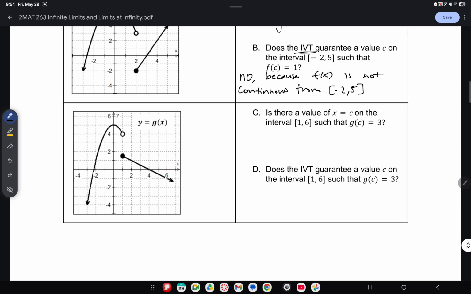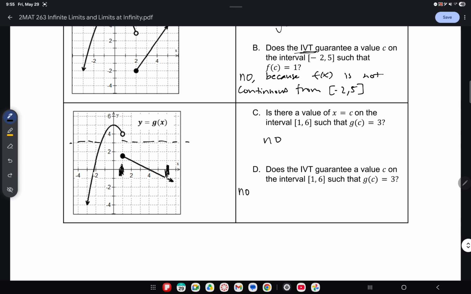All right, is there a value from 1 to 6 where g of c is 3? And no, there is not. And does the intermediate value theorem guarantee it? No, because while it's continuous here from 1 to 6, g of c equaling 3 doesn't occur within that interval at all.